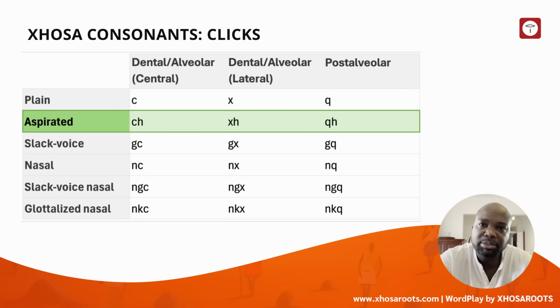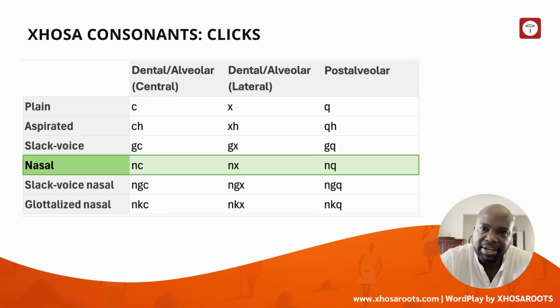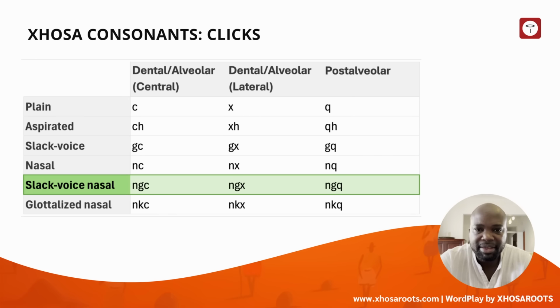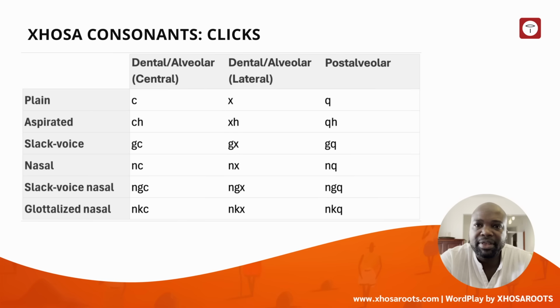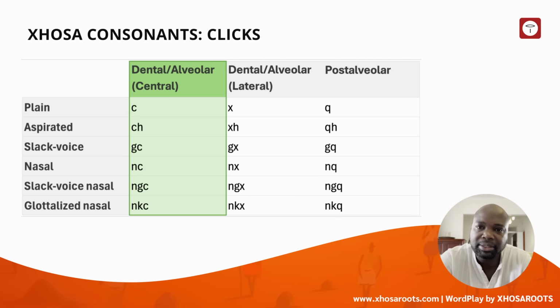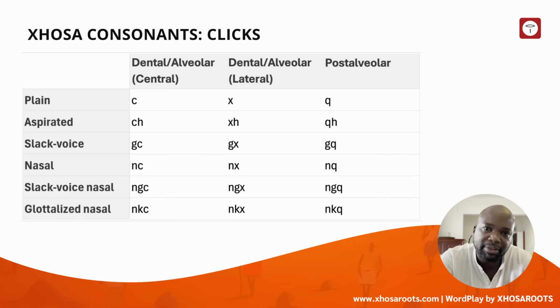That is, they have the aspirated version, the slack voice version, the nasal version, the slack voice nasal, and then the glottalized nasal. So in essence, there's one plain click with 5 variations, making it 6 per each type of click. Dental, lateral, and postalveolar. Each have 6, which is what makes up the 18 clicks in total in the Xhosa language.